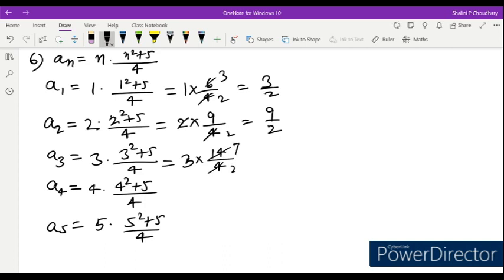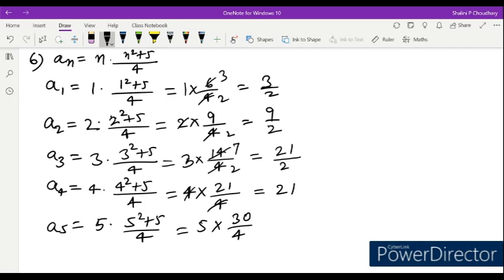This will be 7 and 2, so it will be 21 upon 2. Now 4 into 4 square will be 16. 16 plus 5 will be 21. 21 upon 4, cancel, it will be 21 upon 4. Now 5 into 5 square will be 25 plus 5 will be 30 upon 4. So it will be 2, and this will be 15 upon 2.